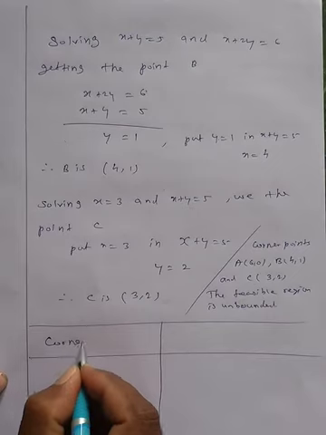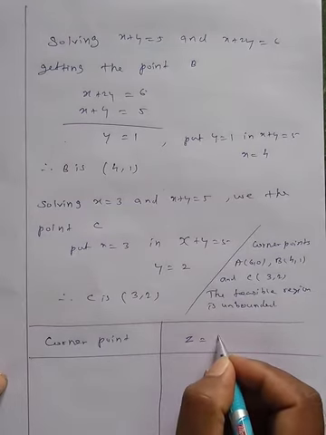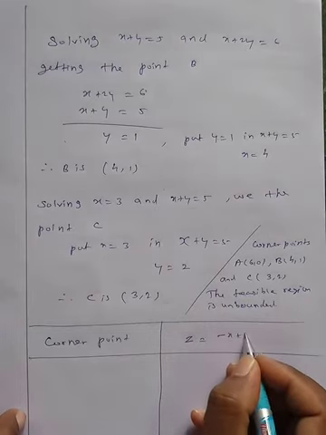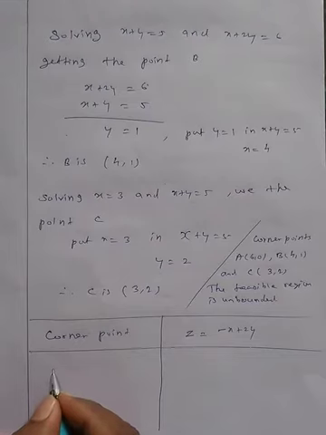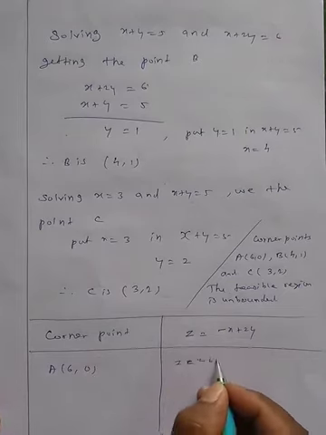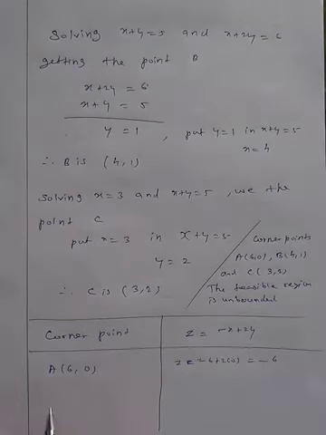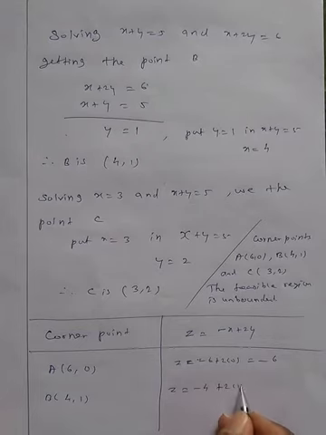Here at the corner points, z is equal to minus x plus 2y. At A (6, 0), z is equal to minus 6 plus 2 into 0, which is minus 6. At B (4, 1), z is equal to minus 4 plus 2 into 1, which is minus 2.